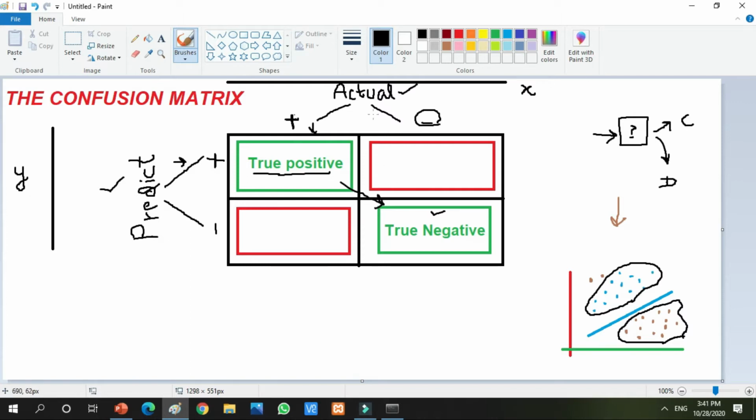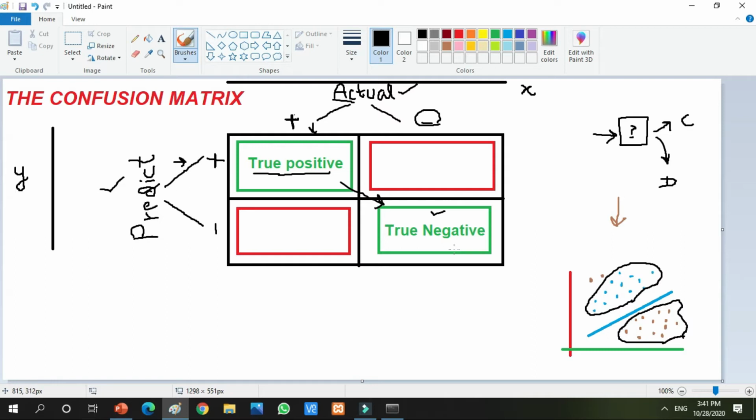In true positive the model predicted that it is a dog and in actual it is a dog. Two positives make true positive. On the other hand, the model predicted it is not a dog and in actual it is not a dog. Two negatives make the true negative, which is TN.